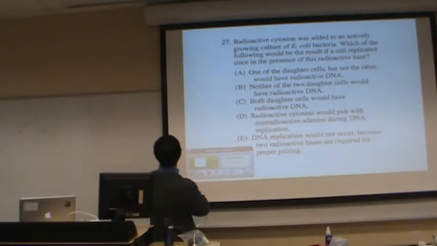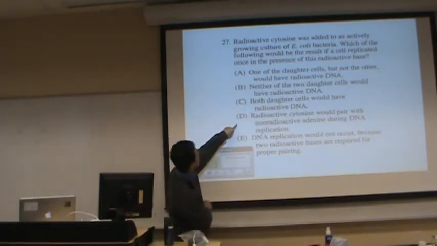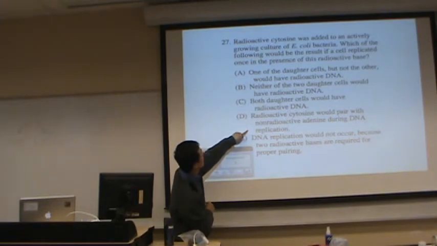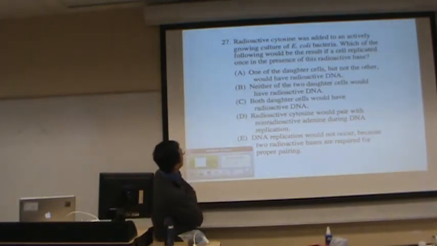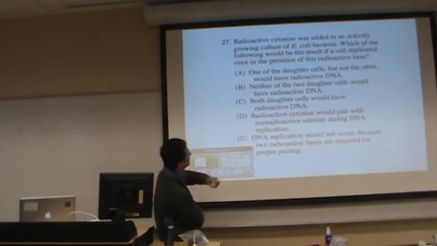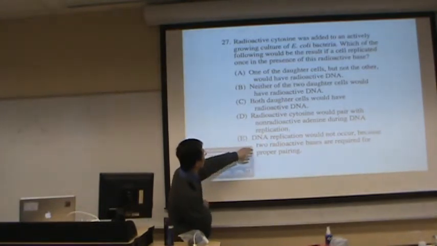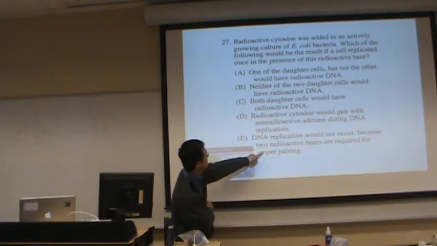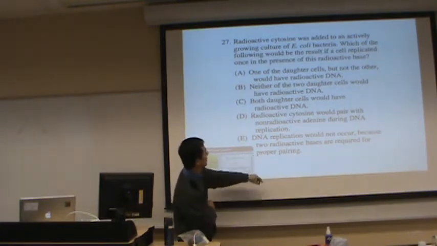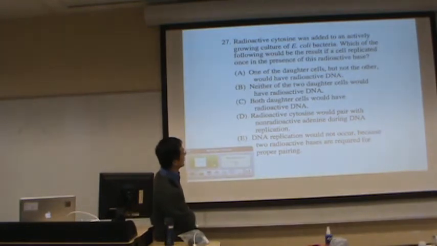Both daughter cells will have radioactive cytosine paired with non-radioactive adenine. DNA replication will not occur because 2 radioactive bases are not proper base pairing.